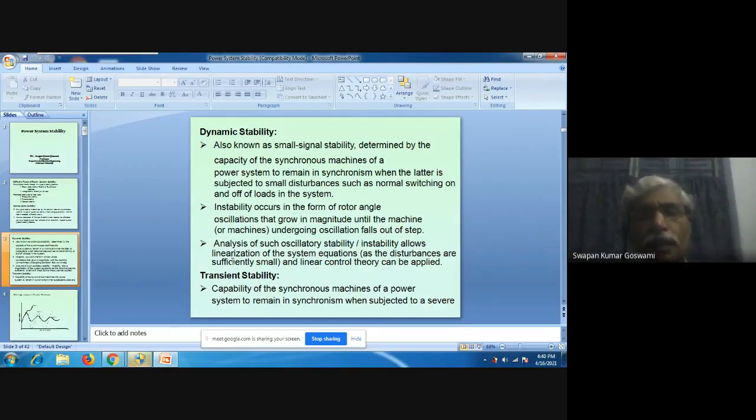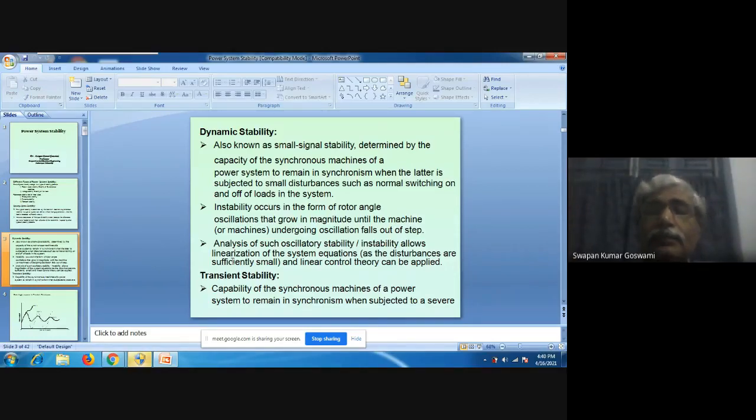We have already studied the governor. The governor will always try to adjust the frequency. Then the excitation controllers will try to maintain the terminal voltage constant by changing the excitation, by changing the field current.